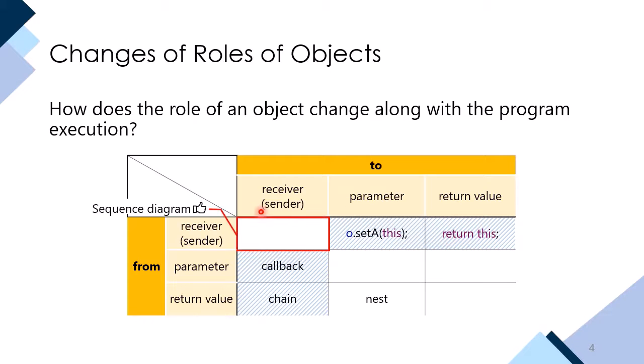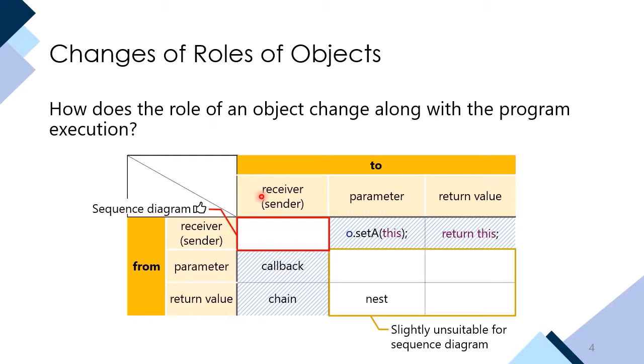The changes of roles between receiver and sender can be directly represented as a lifeline in sequence diagrams. The changes of roles between parameter and return value are slightly unsuitable for sequence diagrams because they are represented separately.